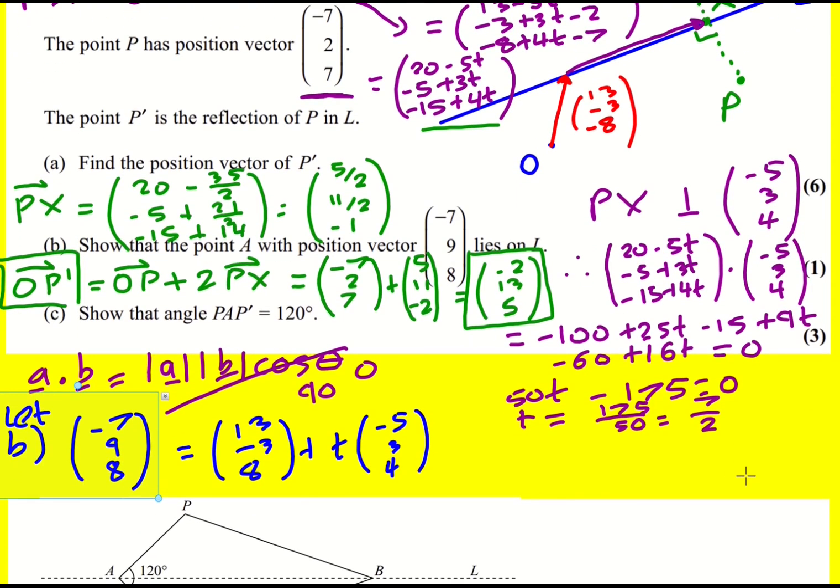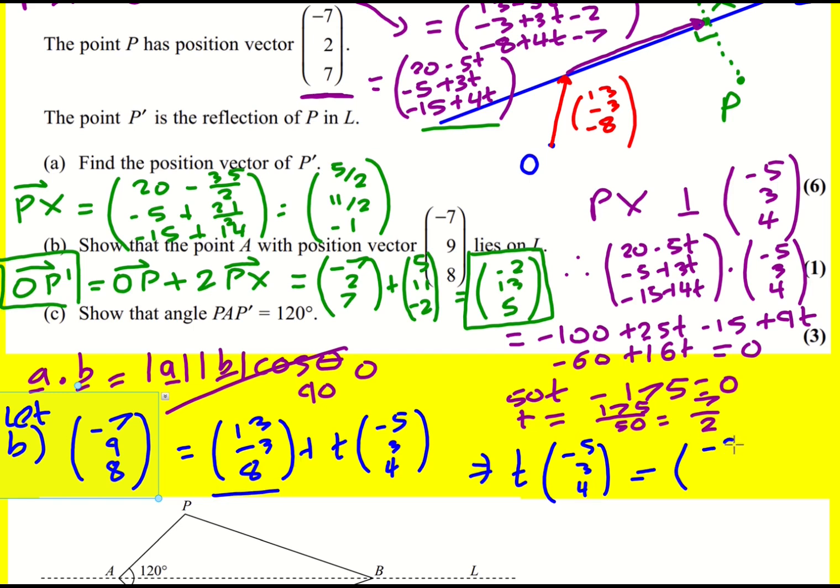Okay, so this implies that t, sorry, I know I'm a bit all over the place in this question. I'm just trying to find space to write t minus 5, 3, 4 will equal, and I can minus this vector from both sides.